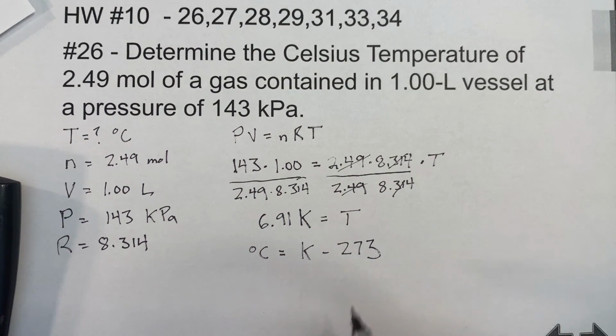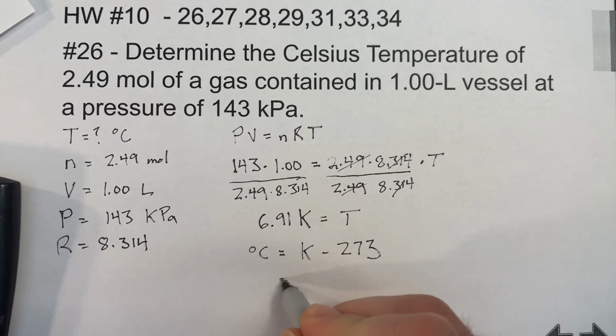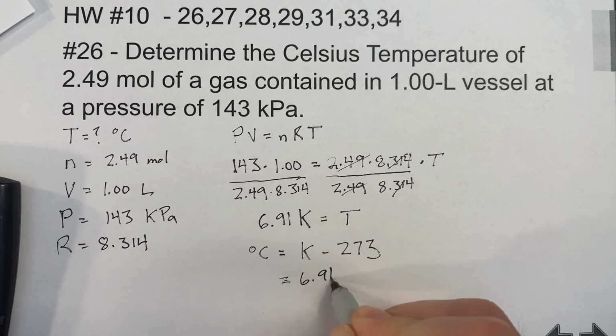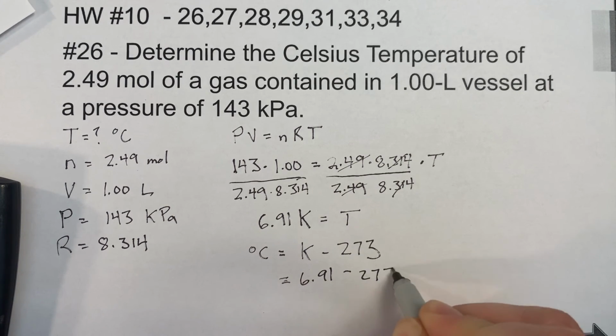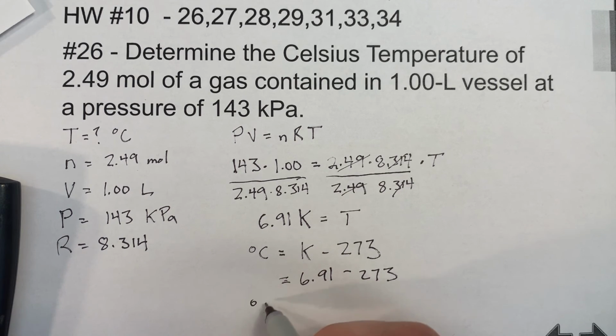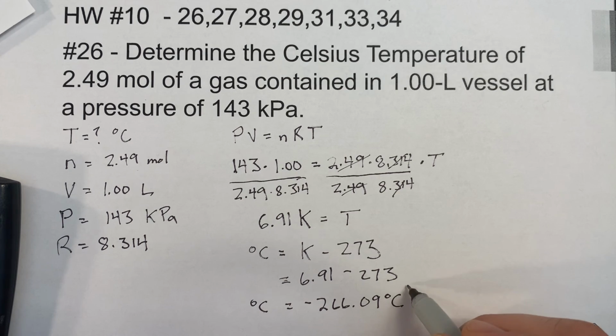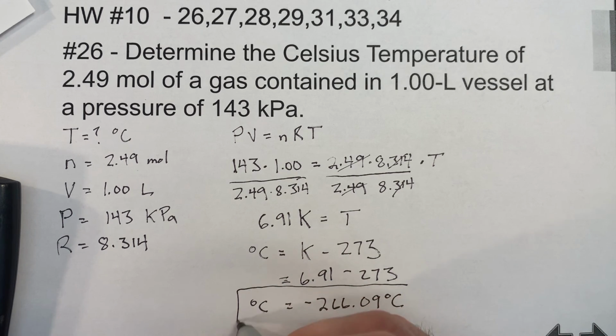So I'm going to do that here: 6.91 minus 273. If I type that in my calculator, I get that the temperature is negative 266.09 degrees Celsius. And there you go, there is your answer.